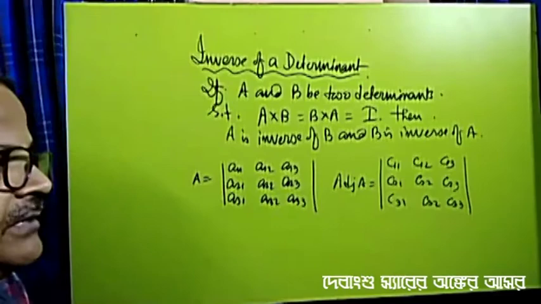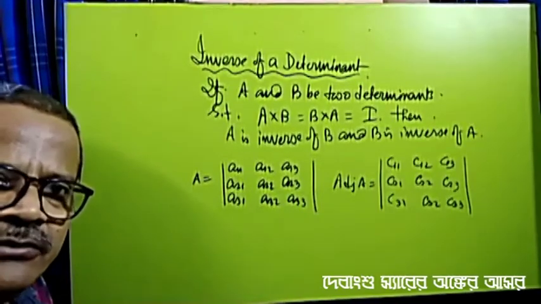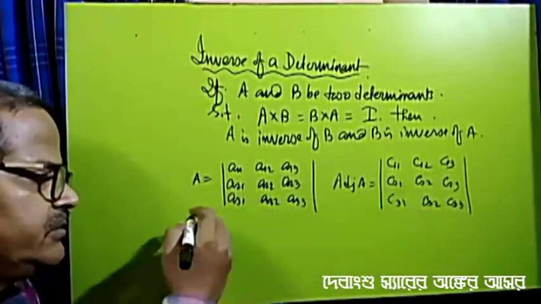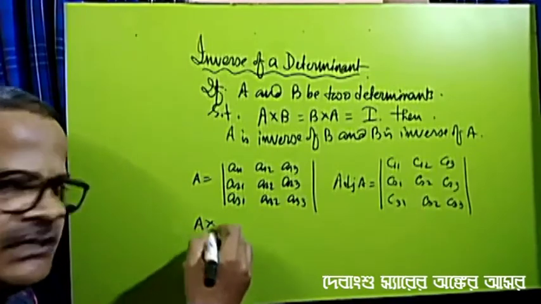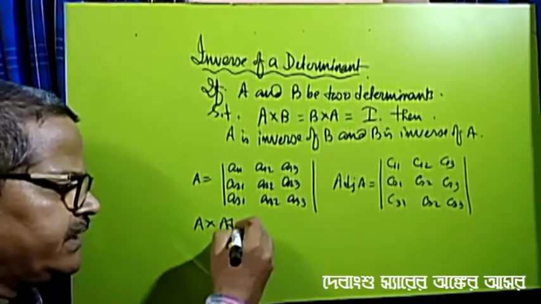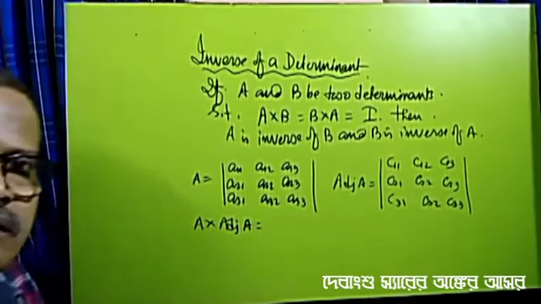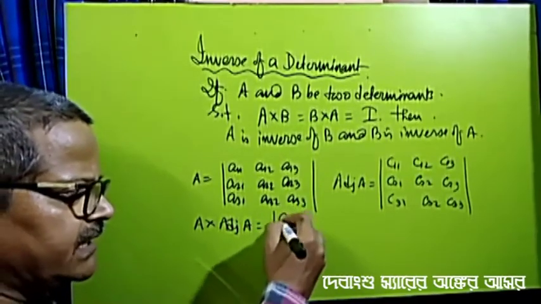These two determinants are well known to us. Now if we multiply A by adjoint A, what will be the multiplication?